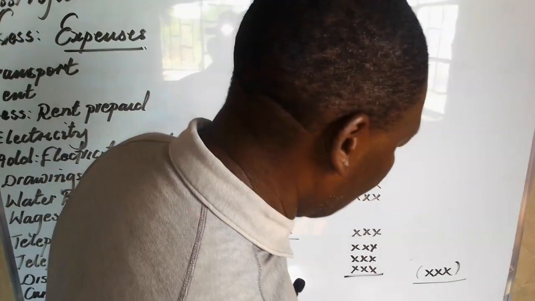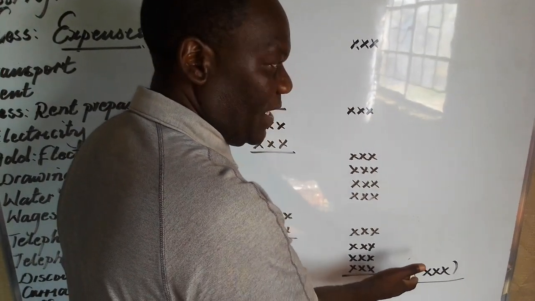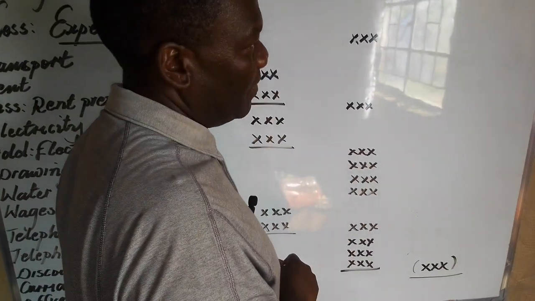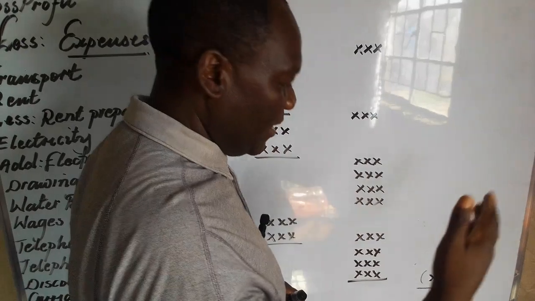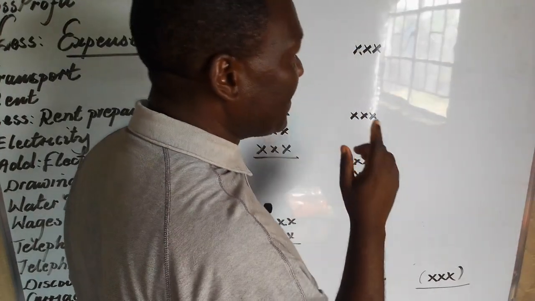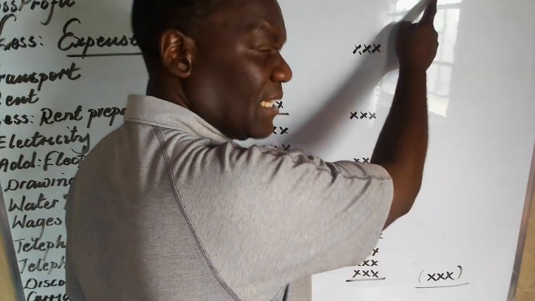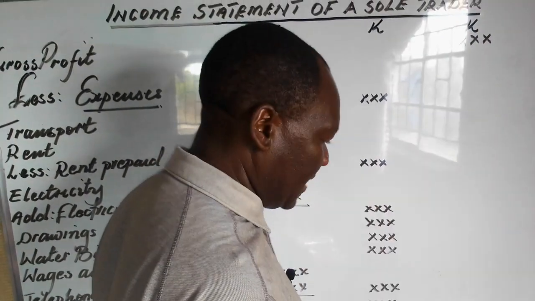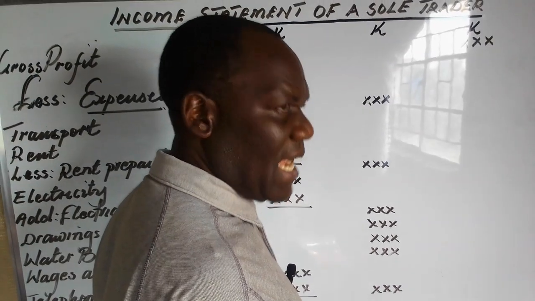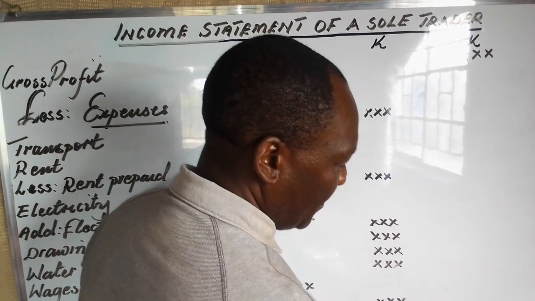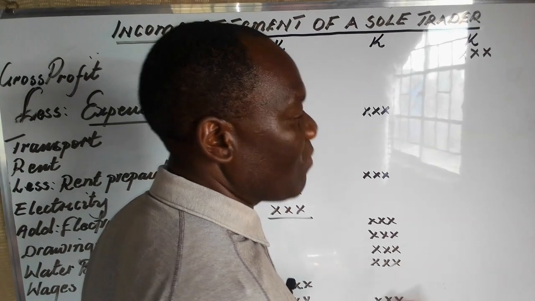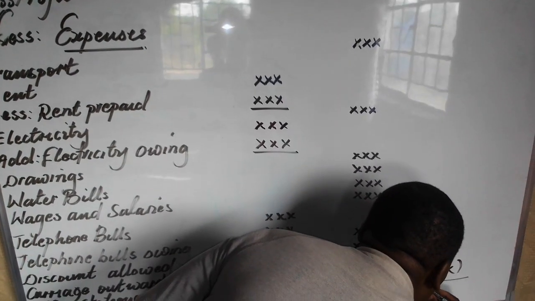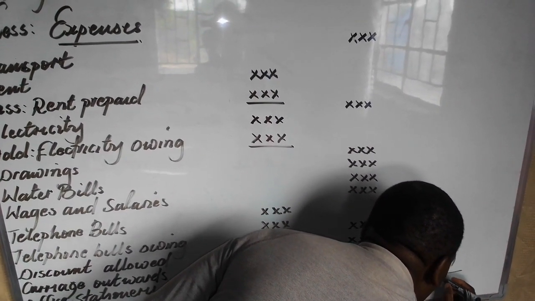What do I mean by negative? If the expenses figure is bigger than the gross profit, then that is a negative, which is a net loss. But if the gross profit is bigger than the total expenses, then it means you have made a profit. So when we subtract, our answer will be there.